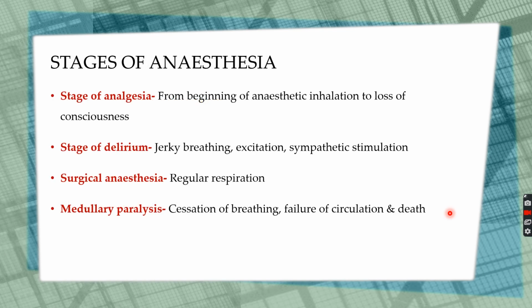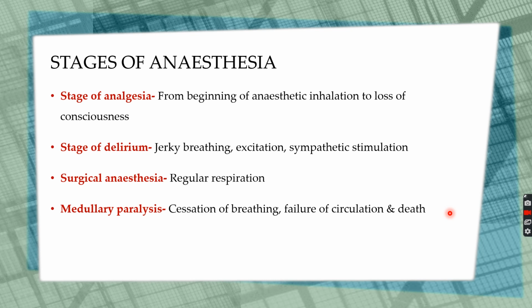Now, before moving on to the various drugs that produce general anesthesia, what are the various stages of anesthesia? The first stage is the stage of analgesia. That is from the beginning of anesthetic inhalation till the loss of consciousness. The second stage is called the stage of delirium.